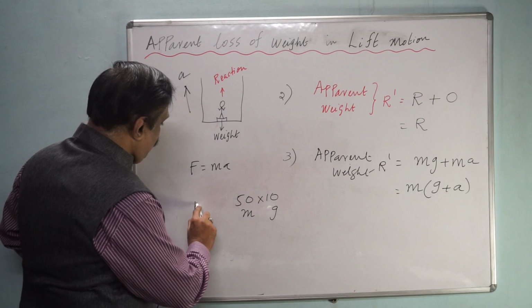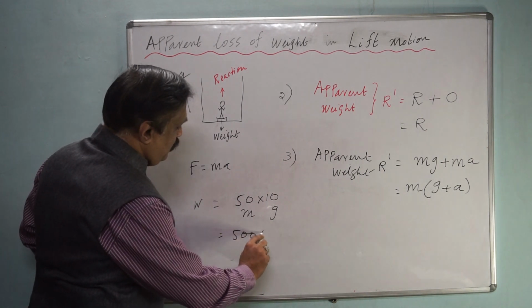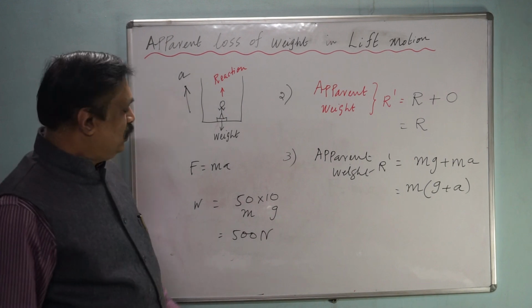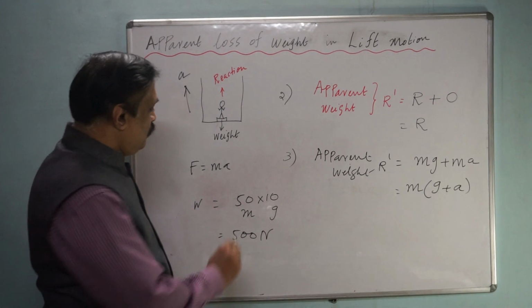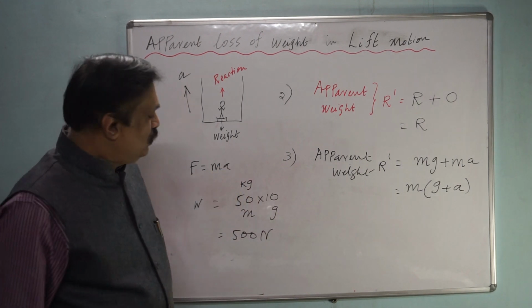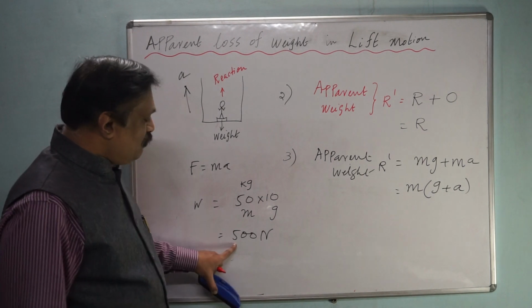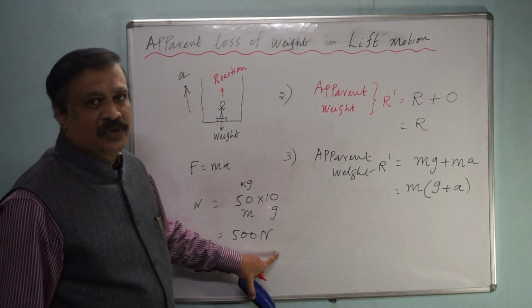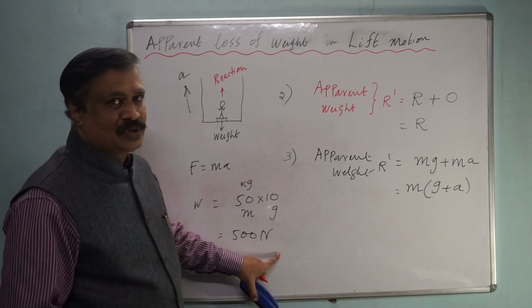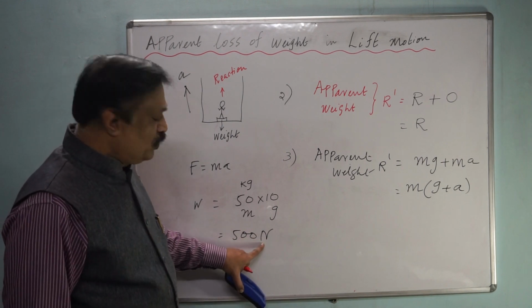Then your weight is equal to 500 Newton, 50 kg into g, the acceleration due to gravity. Now your weight is 500 Newton. You should know the difference between weight and mass. Weight is a force here, therefore we have to mention Newton.